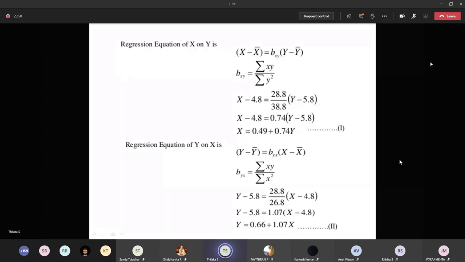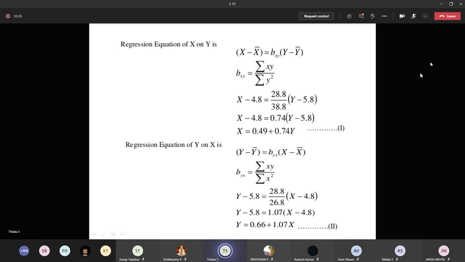You have to calculate the means of the given variables, then you have to calculate the small x, small y, and you have to substitute in the formulas, the x on y and y on x equations. Then you will get a straight line equation, and that should be in the same form as the straight line equation, that is y is equal to a plus bx.